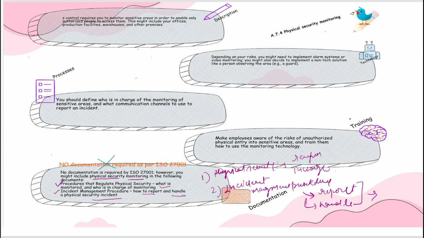Now coming to the training part, it is very important that employees are aware of the risk of unauthorized physical entry into sensitive areas and are trained on how to use monitoring technology. So two elements, right? Those who are responsible for 24 by 7 monitoring or other types of monitoring have to be trained on what needs to be monitored, and because technology is involved, how to operate it, how to log, how to see the recordings.